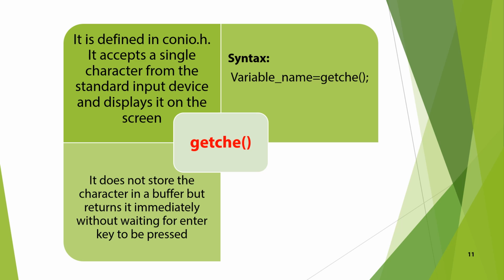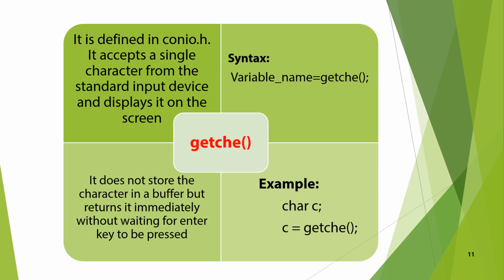Whenever the user enters a character, it is immediately displayed on the screen without waiting for enter. For example, we can declare a character variable c and write c = getche(). Whenever the user enters a character, it is displayed on the screen immediately.